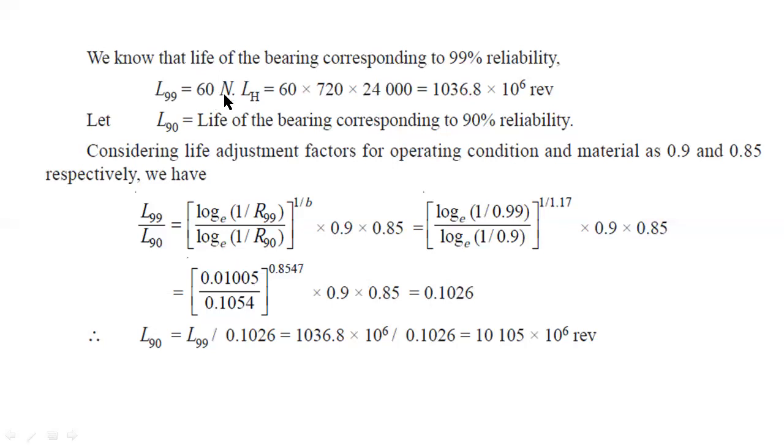Then you have to convert minutes into revolutions. The speed of the bearing is given as 720 revolutions per minute.